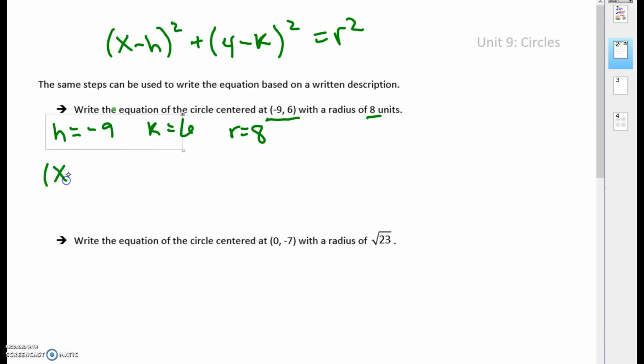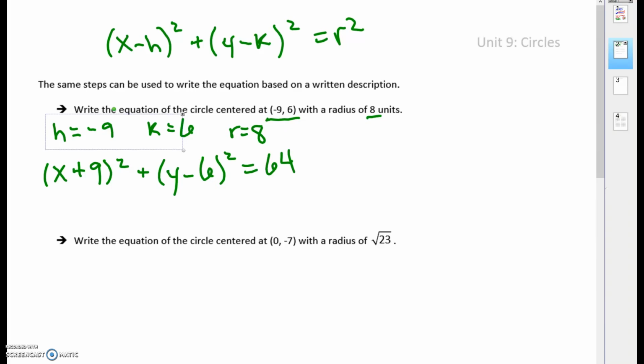So we get x minus a negative 9 is going to become plus 9 squared, plus y minus 6 squared is equal to 8 squared. Well, 8 squared we could just write as 64, and that's my equation.